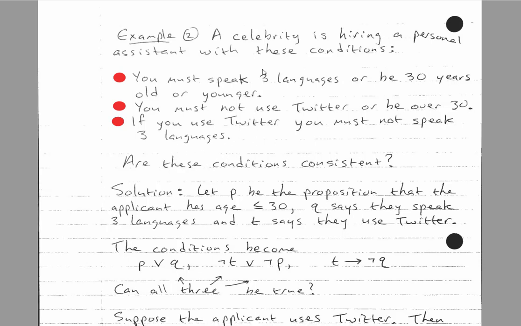Okay, let's first convert these conditions into propositional logic. There's really just 3 conditions here. Let P be the proposition that the applicant has age less than or equal to 30.